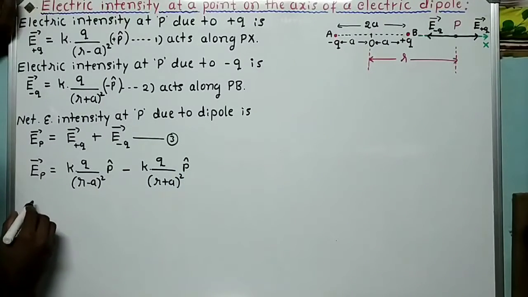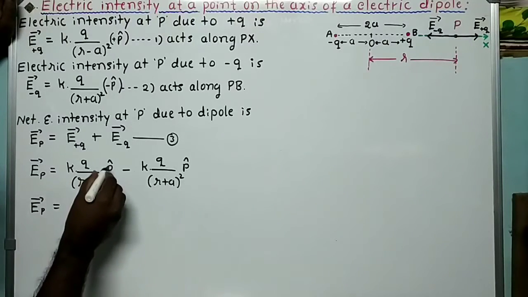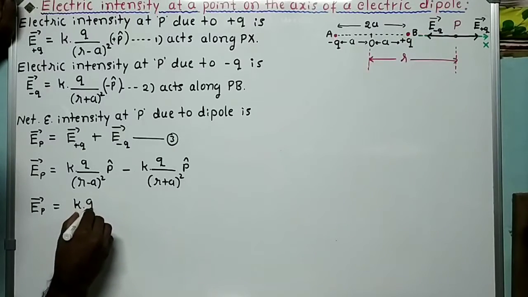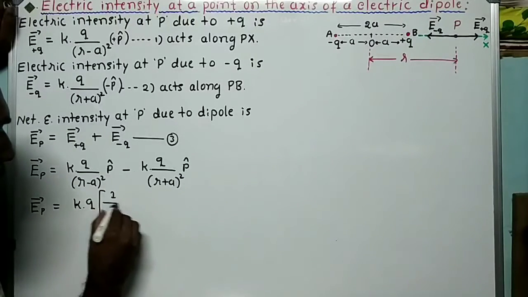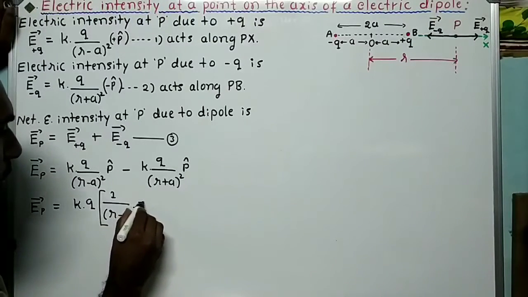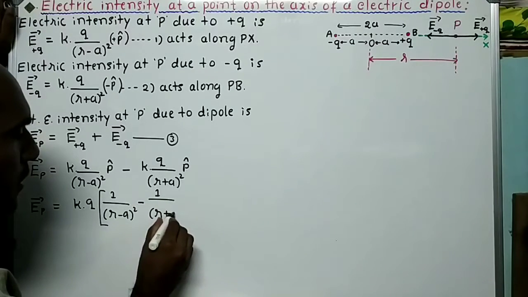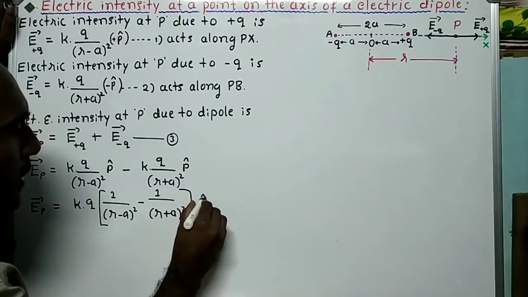Getting the idea? Now see here, the electric intensity at point P is equal to K, Q and P cap, all are common, that is K into Q into bracket 1 divided by (R minus A) whole square minus 1 divided by (R plus A) whole square into P cap.